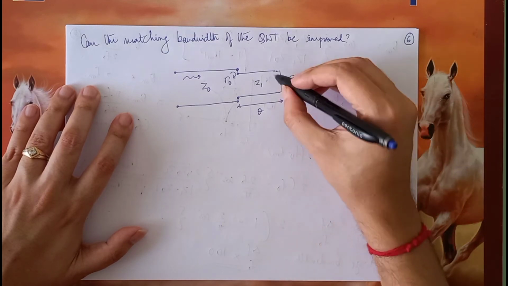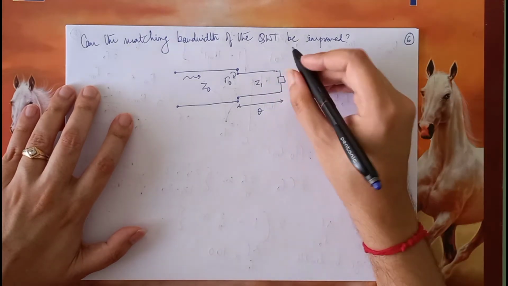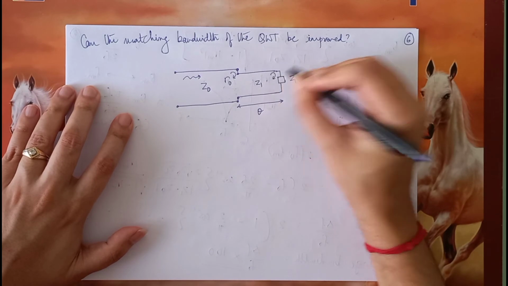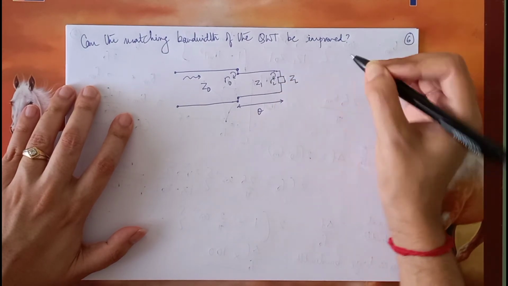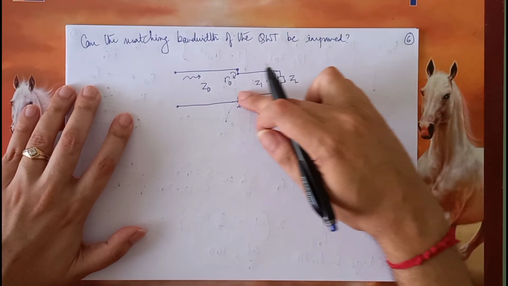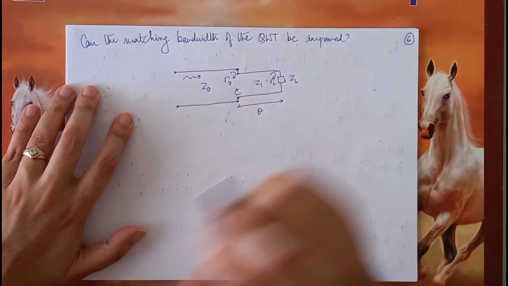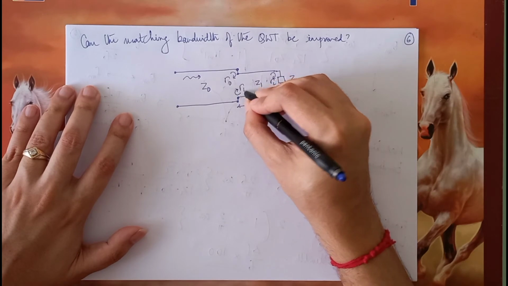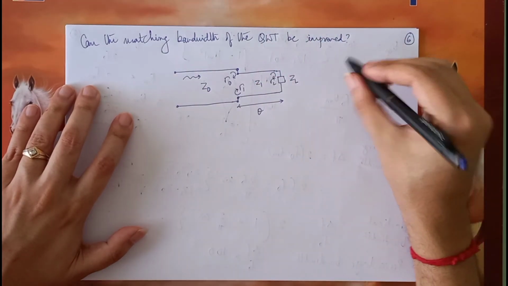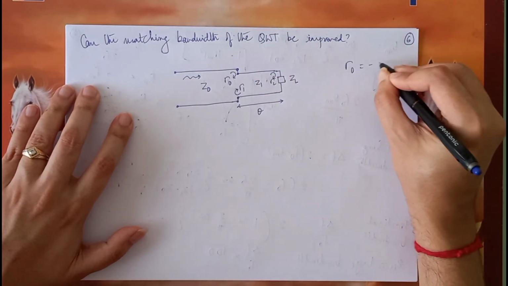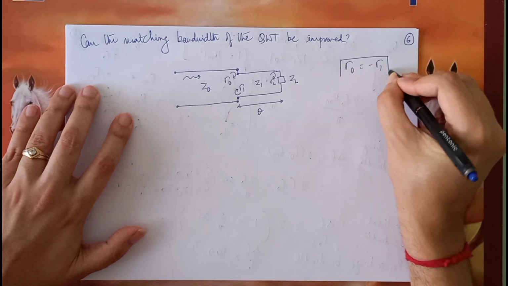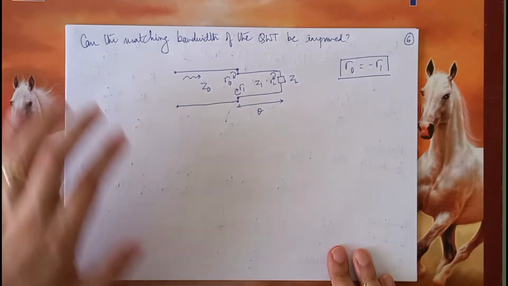The reflection coefficient at the load is some gamma L. Once the reflected wave comes back to this junction again, the reflection coefficient is gamma 1, and we proved earlier that gamma 0 and gamma 1 are just negatives of each other.